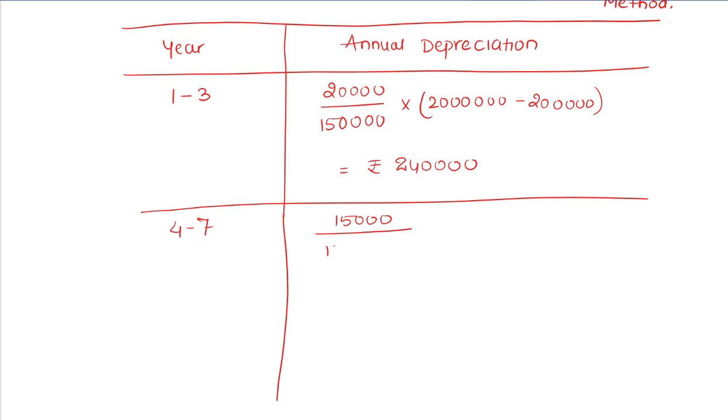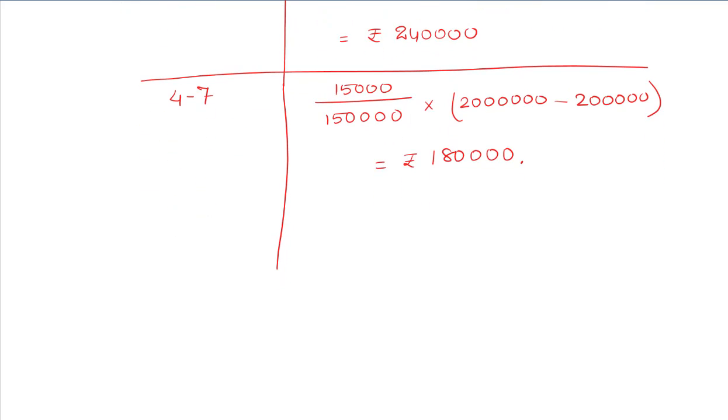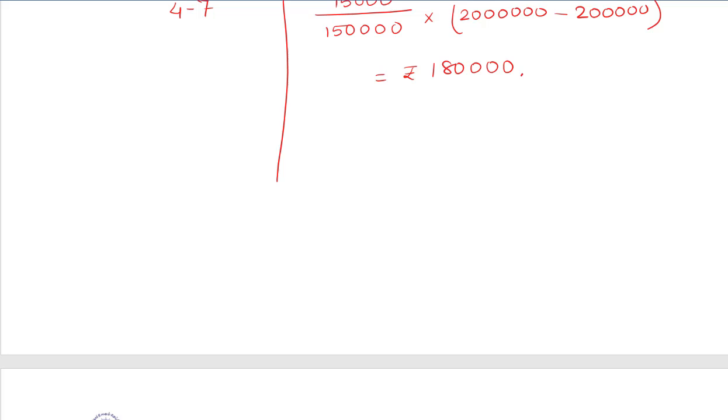So 15,000 divided by 1,50,000 multiplied by 20 lakhs minus 2 lakhs. It's 1,80,000.